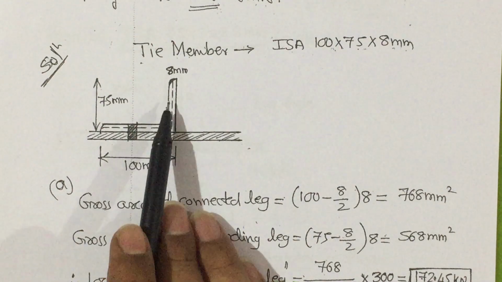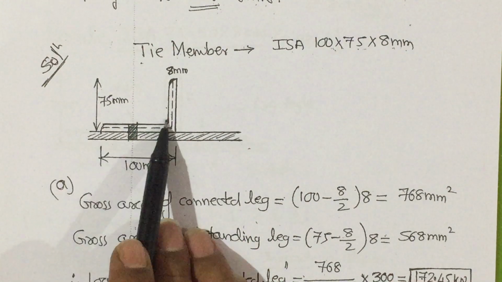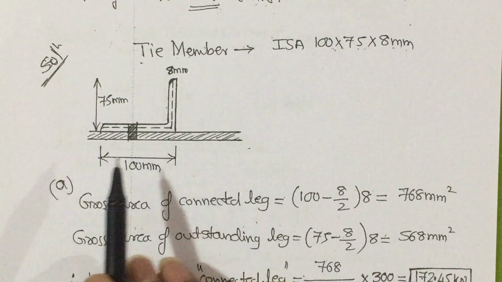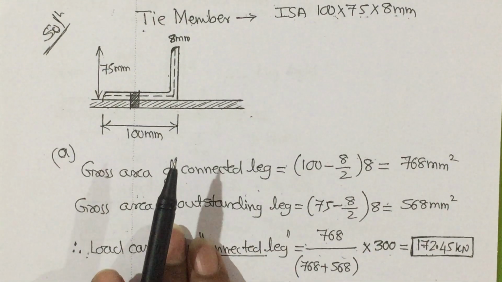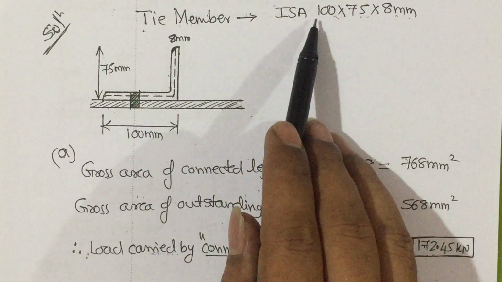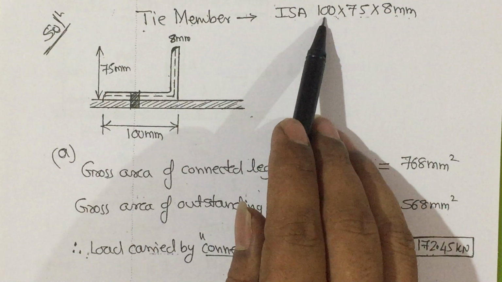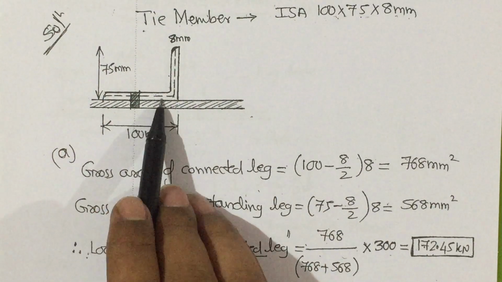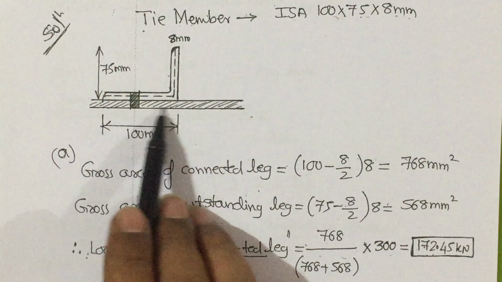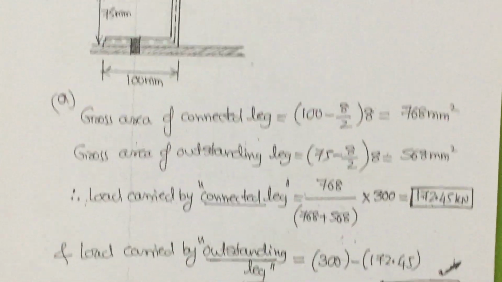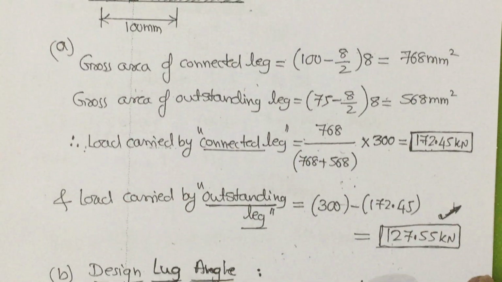Then here it is the main angle, that is 75 by 8 mm, and it is the gusset plate. And here the longer leg is on which one? 100 is one leg, 75 is one leg, the longer leg is 100. The longer leg should be connected to the gusset plate. Okay, we connected. Then outstanding leg is 75 mm.